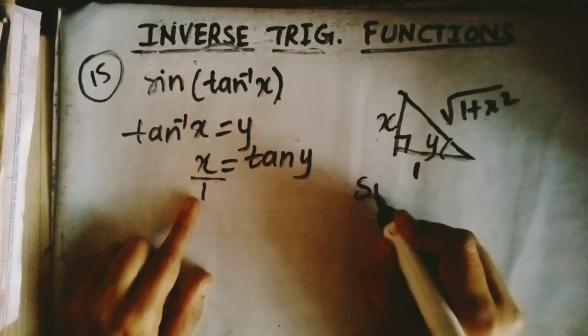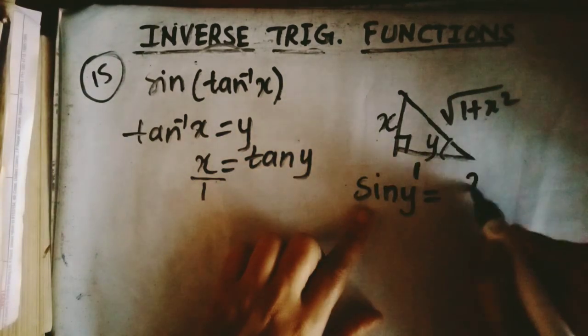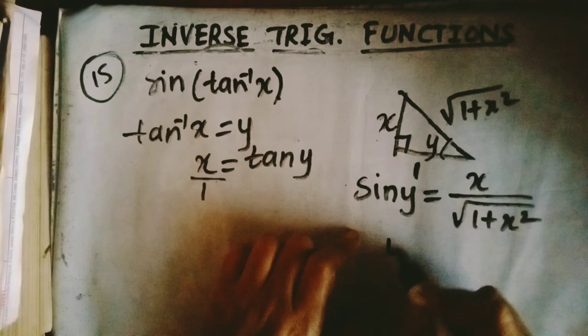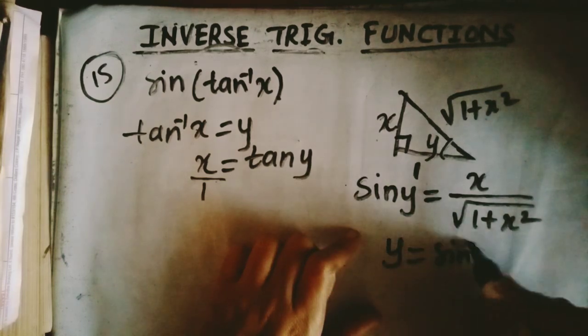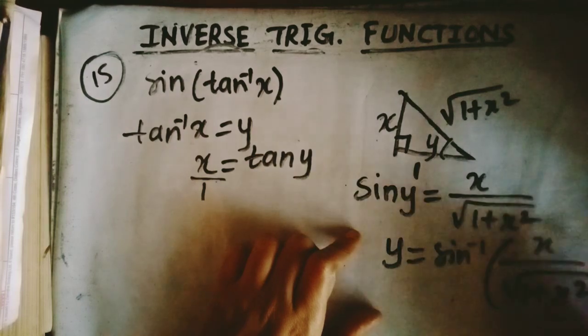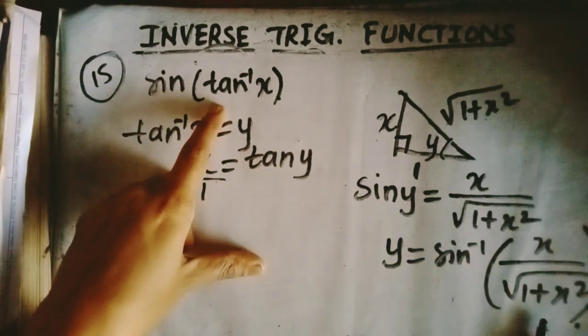So sine of y is opposite upon hypotenuse. Okay. So y is sine inverse x upon root of 1 plus x square. Okay. That you have to substitute here, sine of sine inverse.